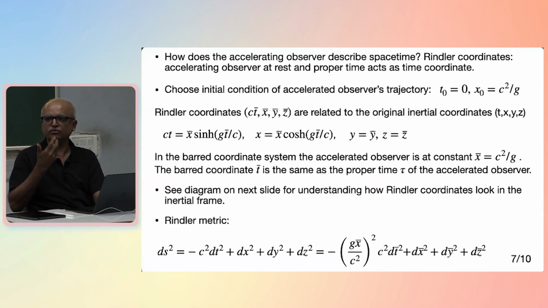Any observer can use whatever coordinates they want, but some coordinate systems are special. Suppose I am at rest here, sitting at x equals x naught. I draw a coordinate system, t and x. I am at rest at x equals x naught. The constant t lines are in the horizontal direction, and time is increasing upward.